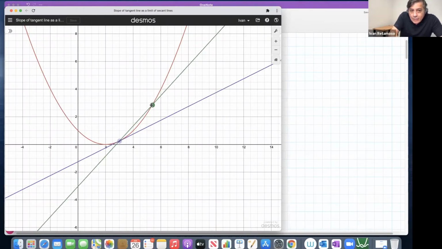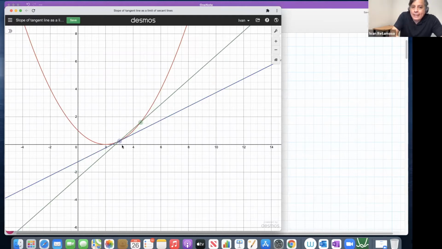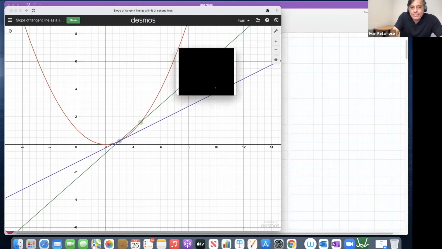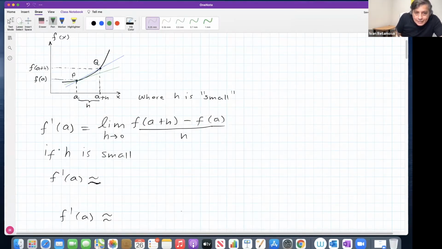But when you are very close, notice how close the two slopes are, because basically the secant line becomes the tangent line. Right there, you cannot see a difference between the slope of the secant line and the slope of the tangent line. So this is why h is close to 0. Mathematicians then said, if h is small, then the derivative is approximately equal to this slope. You can drop this limit and say these two are approximately equal to each other.